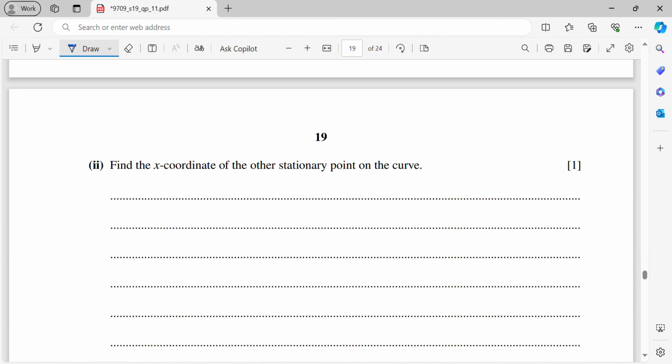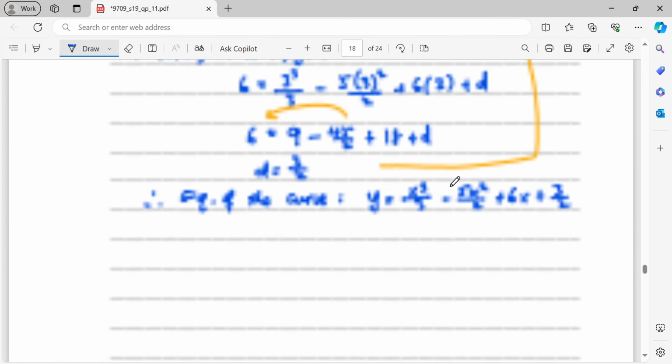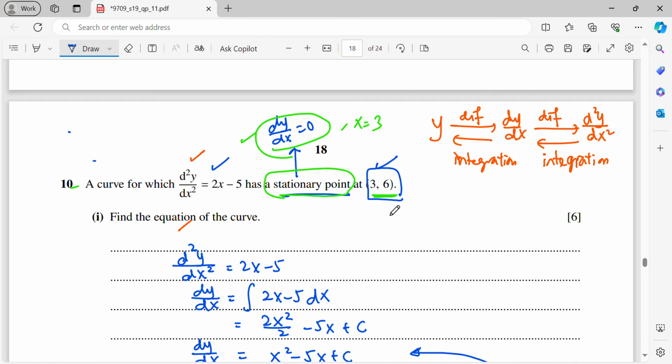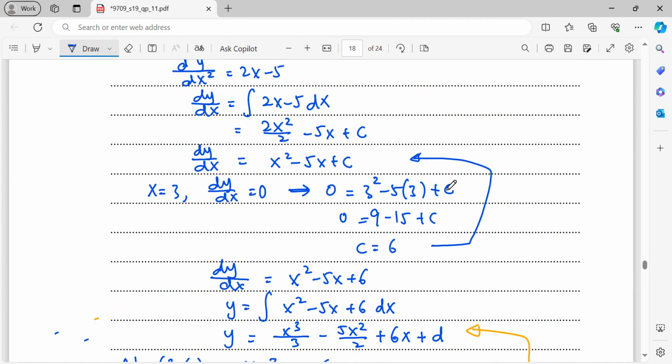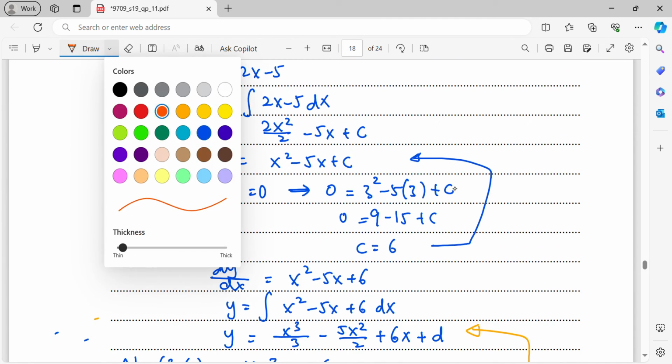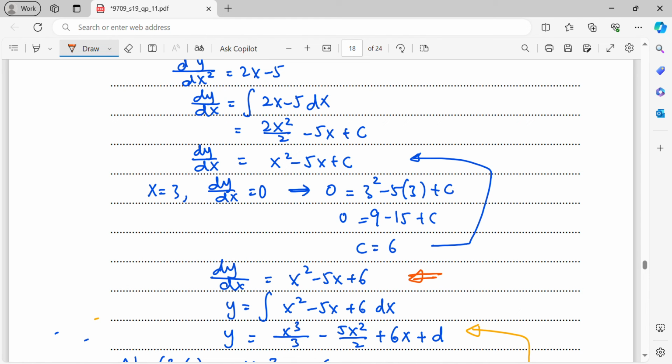Okay, now the next part: find the x coordinates of the other stationary points on the curve. Just now we have one stationary point. Now you need to find another stationary point. Just let dy dx be 0, so I will let this expression be 0.